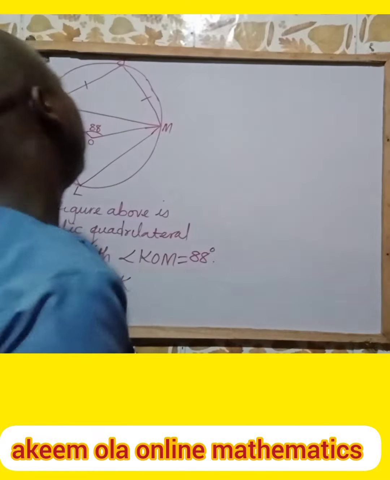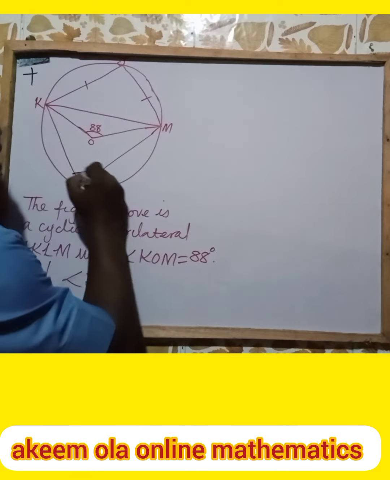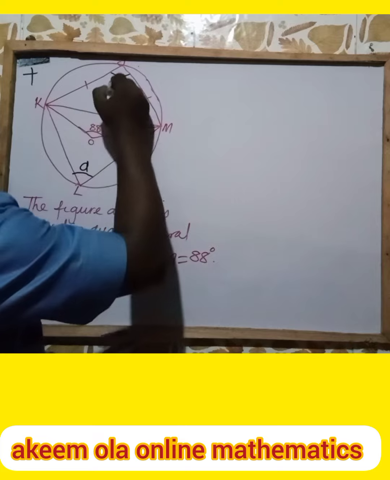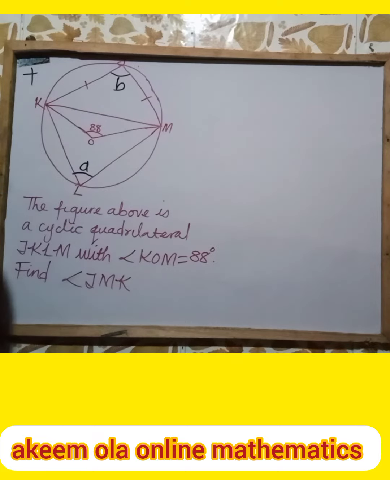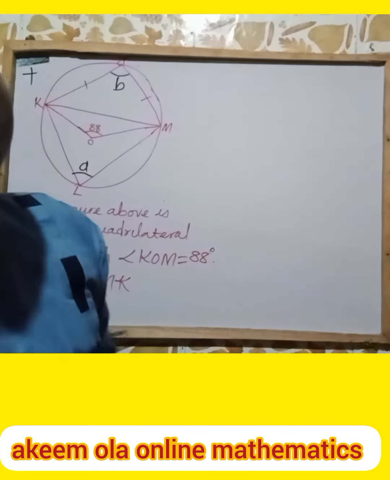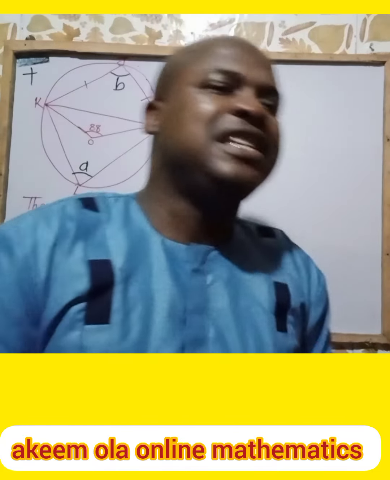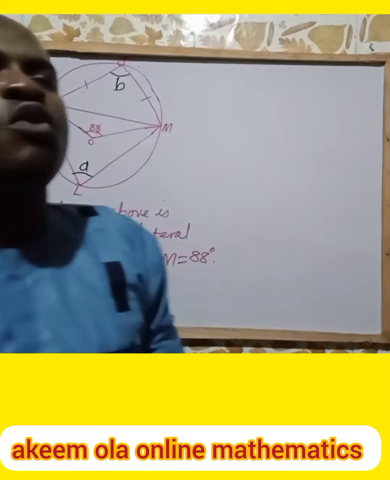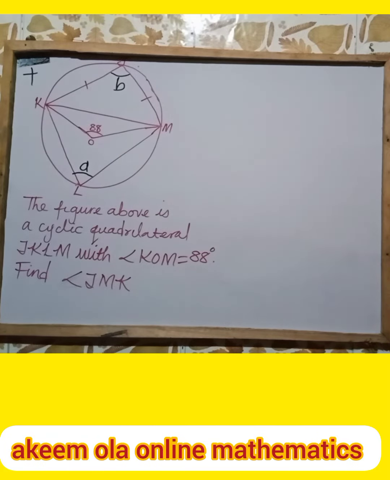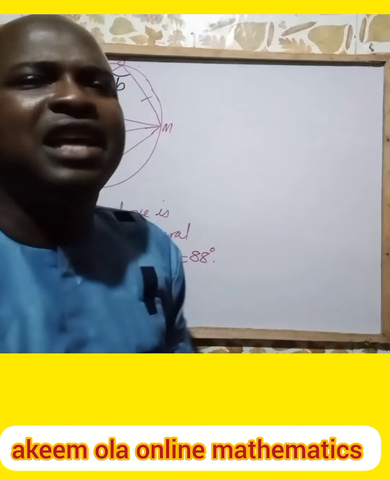What am I talking about? I have an angle here, and I have another angle here. If this one is A, surely this one will be B. When you add the two of them together, it gives a supplementary angle. That is, A plus B is equal to 180 degrees. That is the law associated with the cyclic quadrilateral.